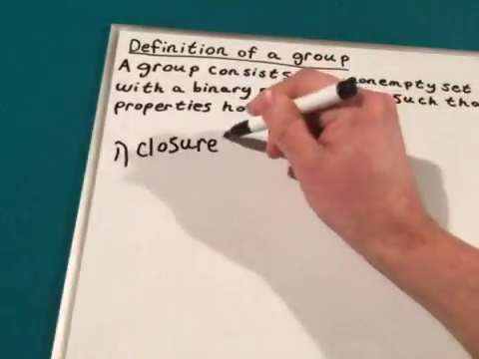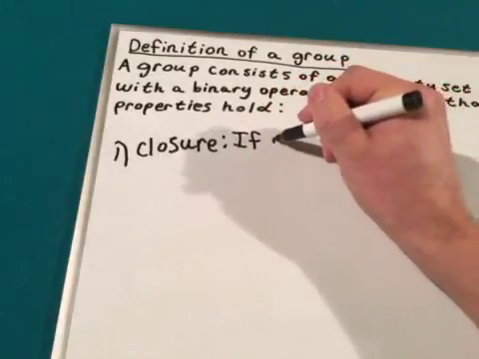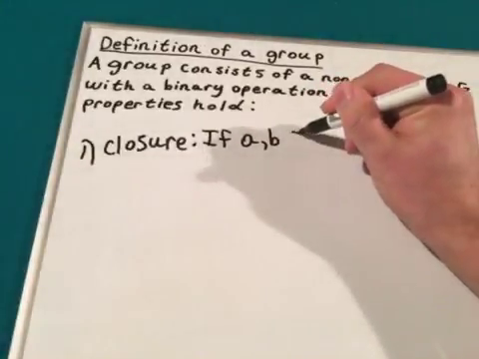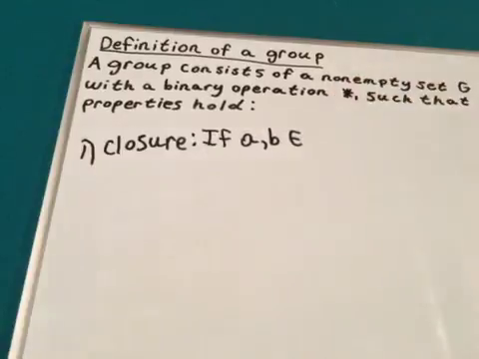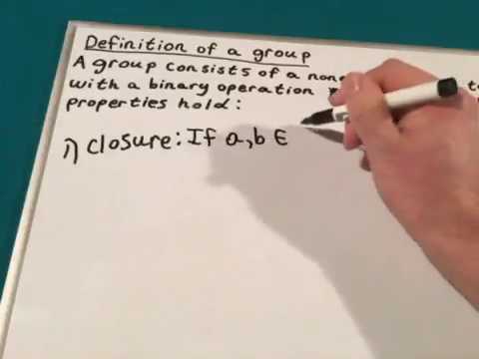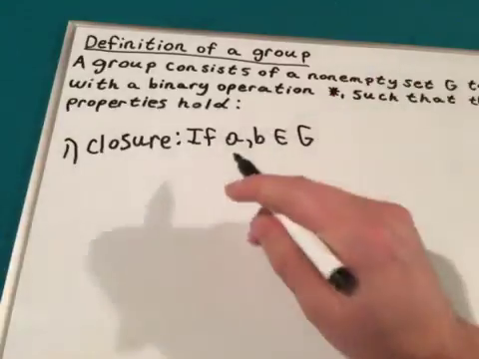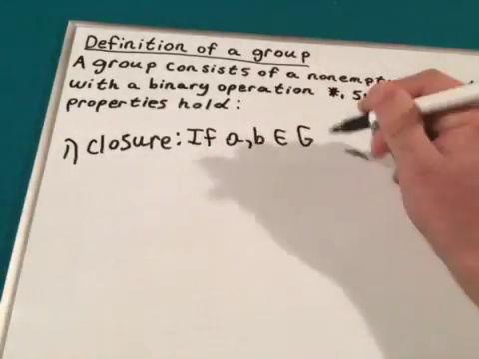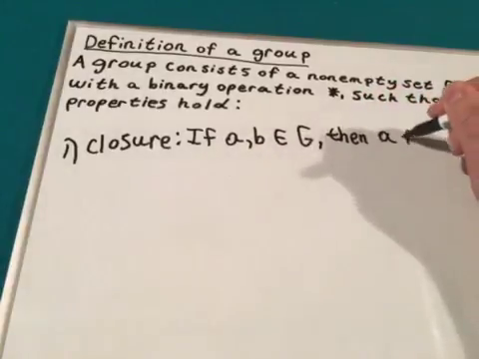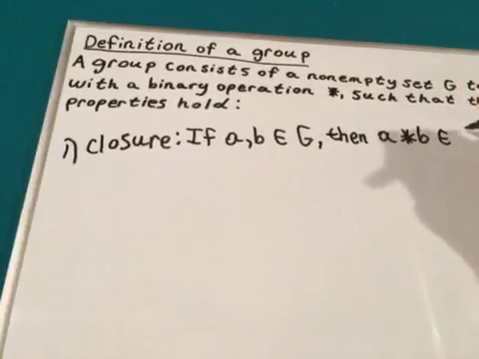It means that for any elements in this set, let's call them A and B, if A and B are elements of G, and I'm going to use this symbol here, which just means "element of," then A star B is an element of G.